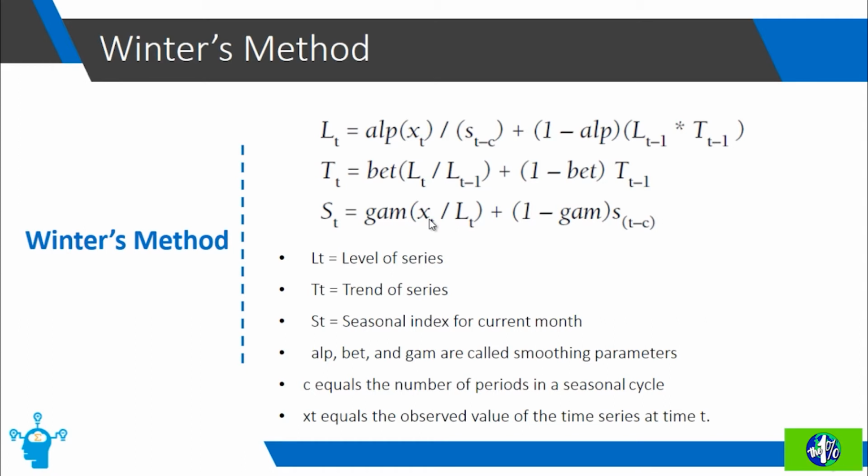So for those observations, we will run a normal simple multiplicative model. We'll find out the value of base, trend and seasonality, and that will be our initial value of L, T and S. Once we have that initialization value, we will use that and update the value of level, trend and seasonality for the next time period. And we will continue to do that for all the time periods that we have in our data.